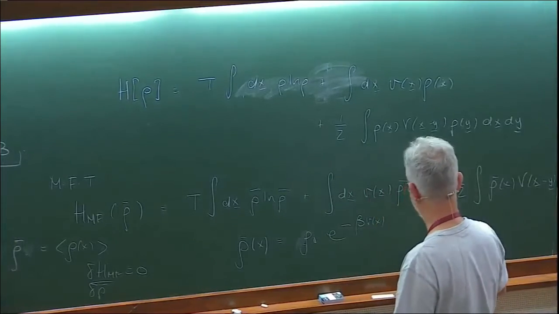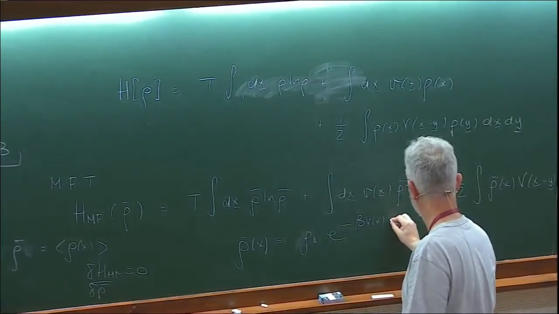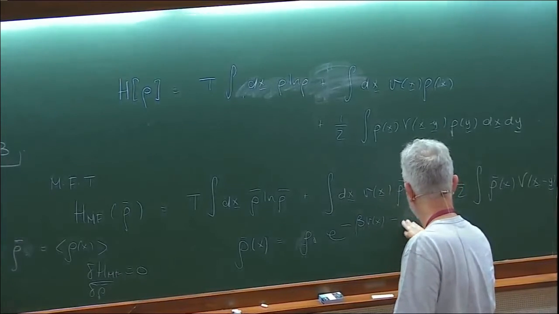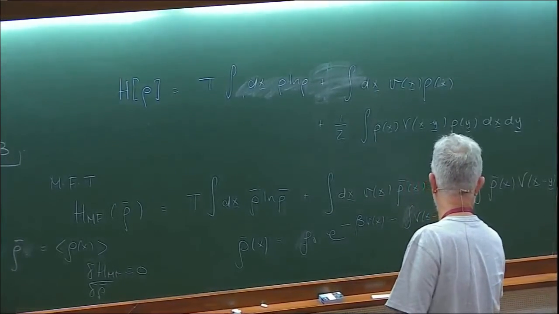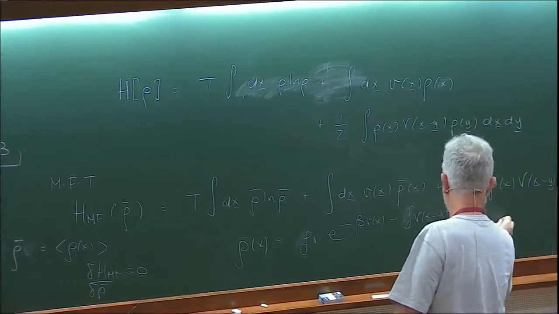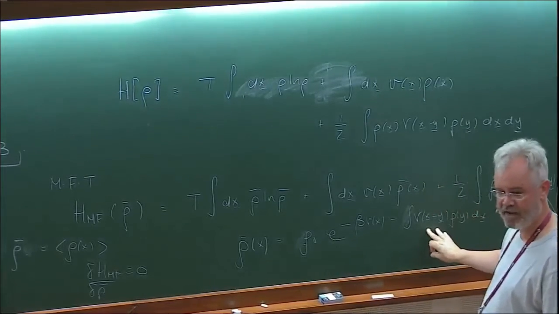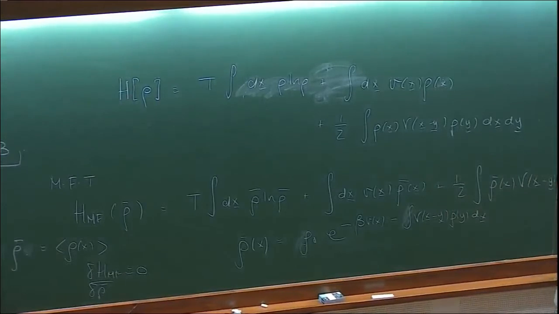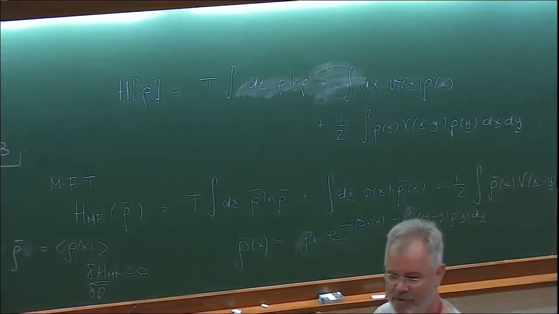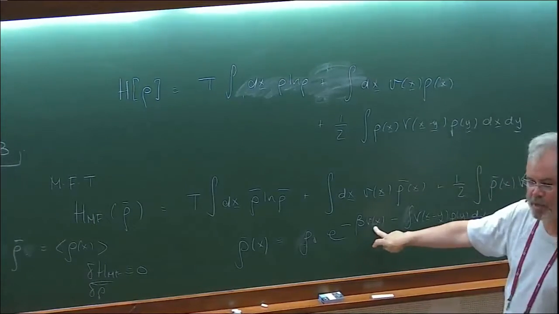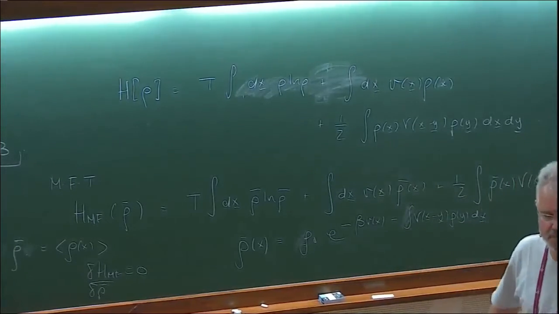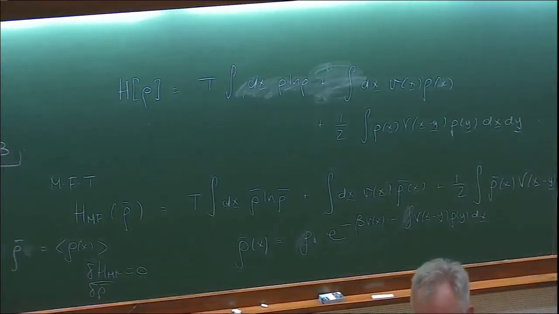And then this term is the local potential, minus the integral of v of x minus y, rho of y, dy. You can call this phi, the local potential. If you do electrostatics, this would be the electrostatic potential, and this would be some imposed potential. This is basically the Poisson-Boltzmann equation. So this is mean field theory.